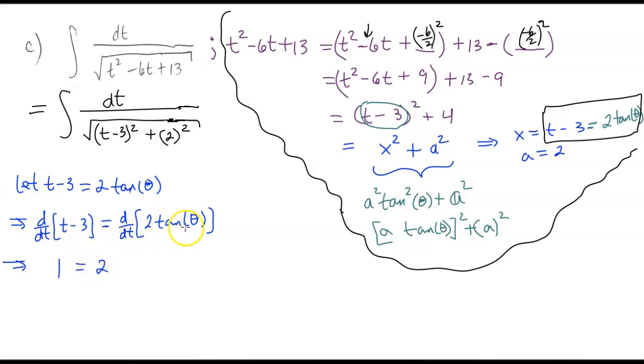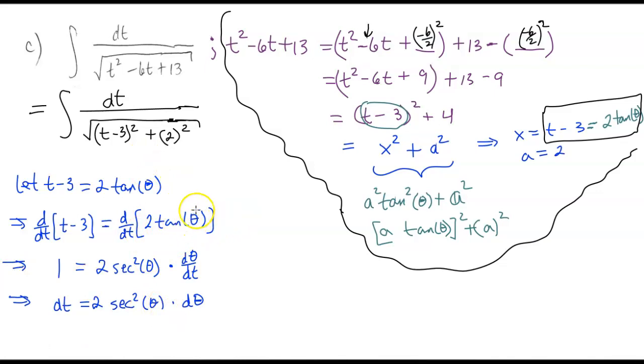So we'll ignore the 2, and the derivative of tangent theta will be secant squared theta. But now we'll have to take the derivative of the inside function, which is theta, and we assume that theta is a function of t. So we can just write it as the derivative of theta with respect to t there. And so with that, we know that we can just solve for dt by multiplying both sides by dt. We'll end up getting 2 times secant squared theta d theta. And so that will be what our dt is.